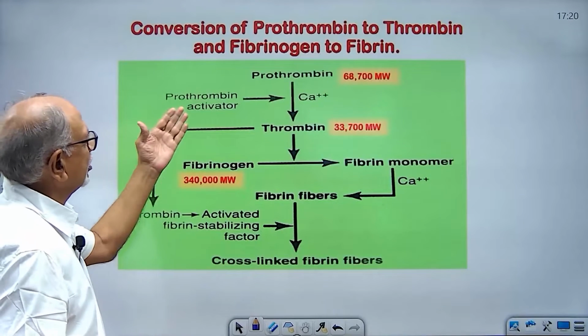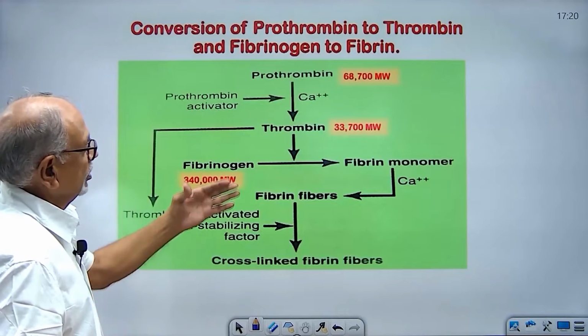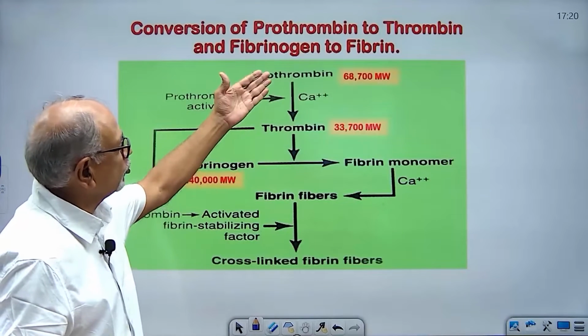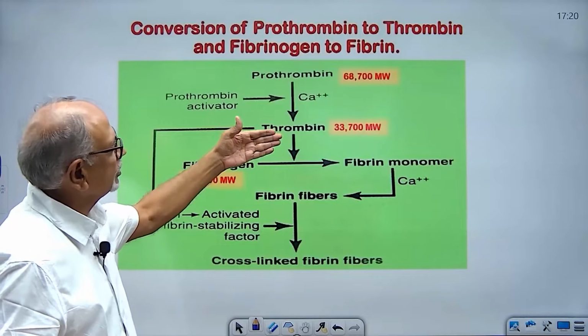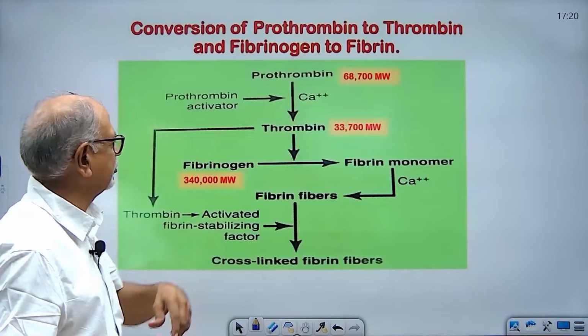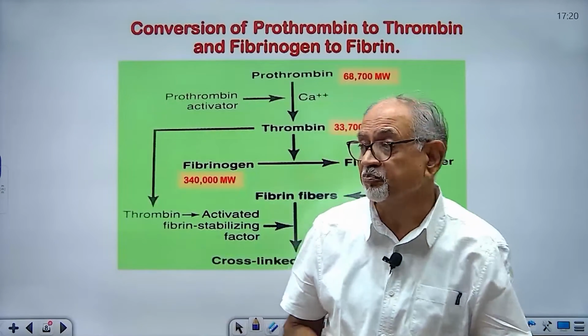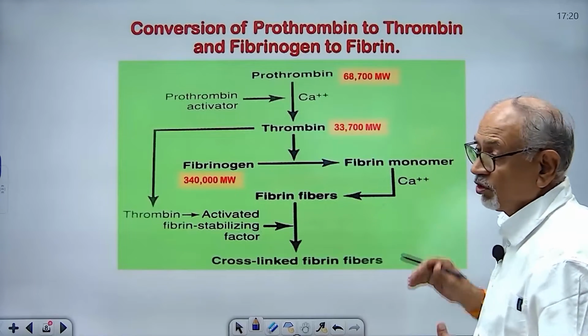It is acted upon by prothrombin activator plus calcium ions. This converts prothrombin into thrombin, which is just less than half of the molecular weight, that is about 33,700. Now, this thrombin, which is an enzyme, converts fibrinogen into fibrin monomers.